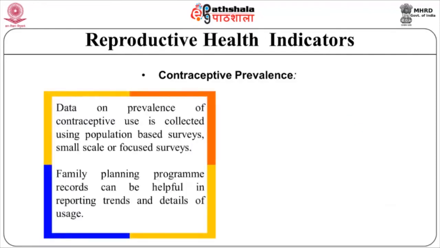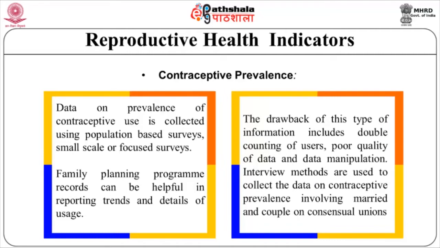Now let's have a look at the data on the prevalence of contraceptive use, which is collected using population-based surveys, small-scale or focused surveys. Family planning program records can be helpful in reporting the trends and details of usage. The drawbacks of this type of information include double counting of users, poor quality of data and data manipulation.